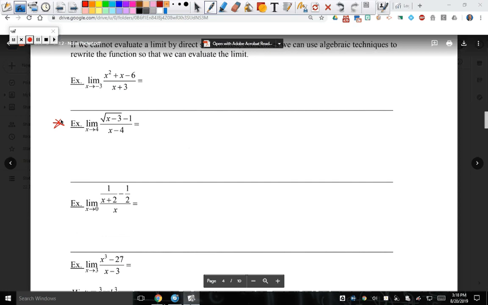Okay, here we go. How can we manipulate this equation in a way that we could end up canceling the x minus 4 at the end? Squaring, that's a good suggestion, but it's not squaring. You're close.